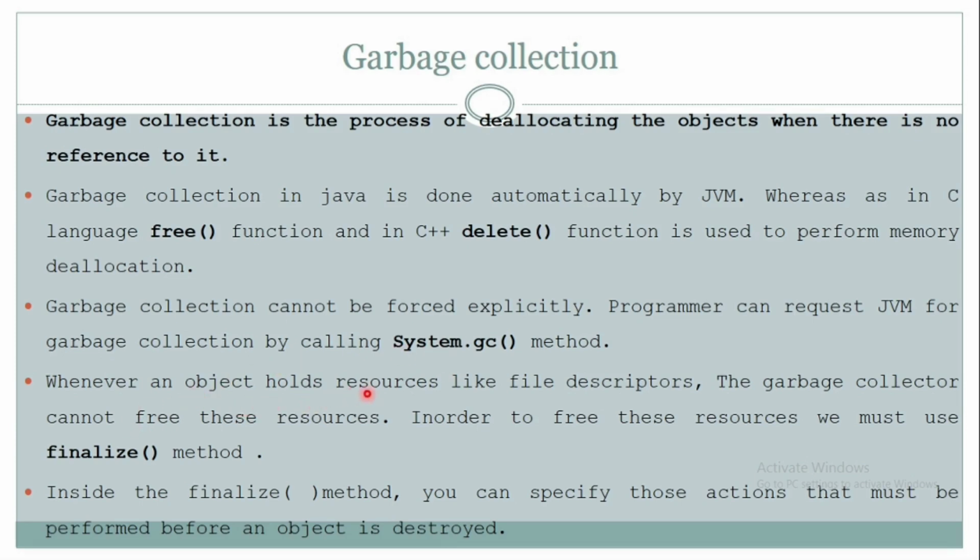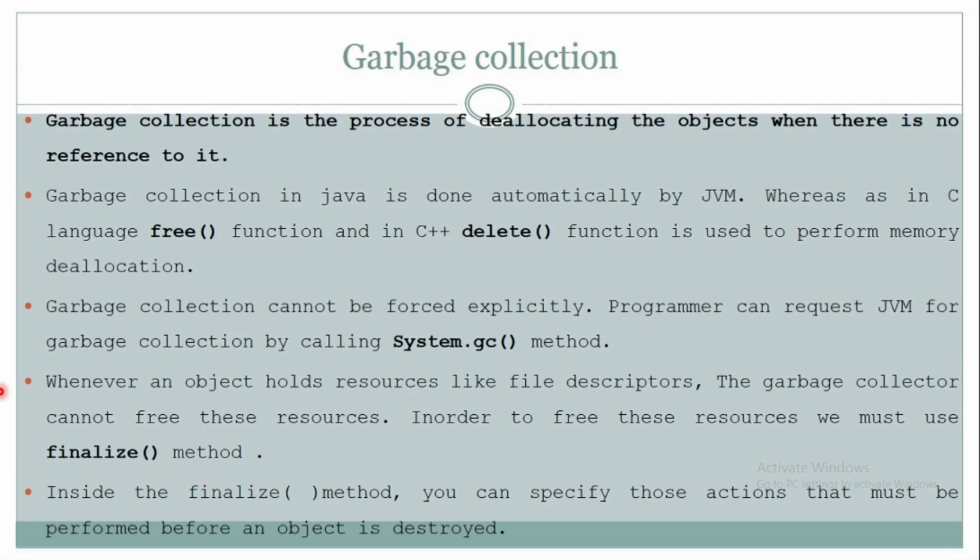Whenever an object holds resources like file descriptors, the garbage collector cannot free these resources. So in order to free these resources, we must use the finalize method. Inside this finalize method, we can specify the actions that must be performed before an object is destroyed. So before an object is destroyed, the finalize method is called.